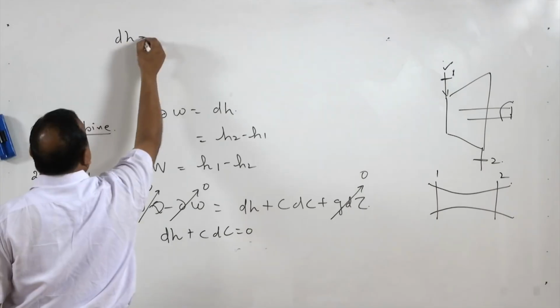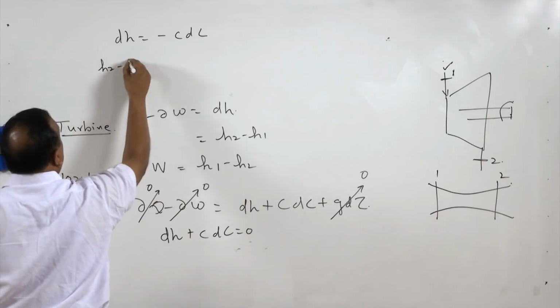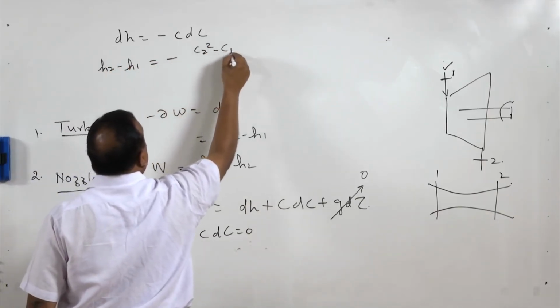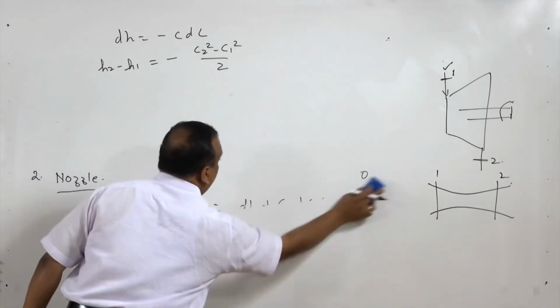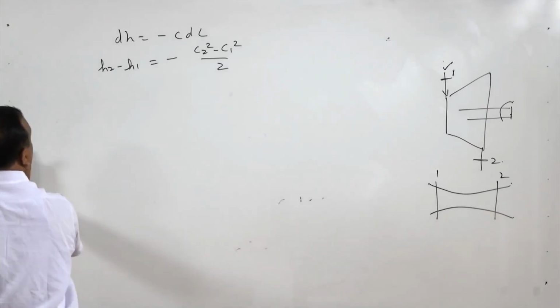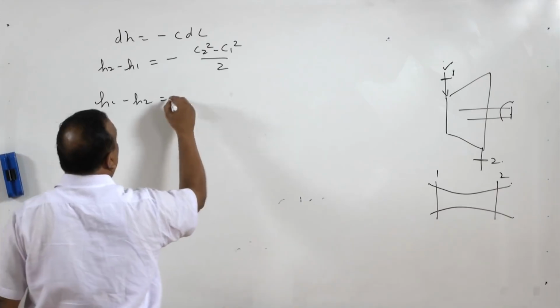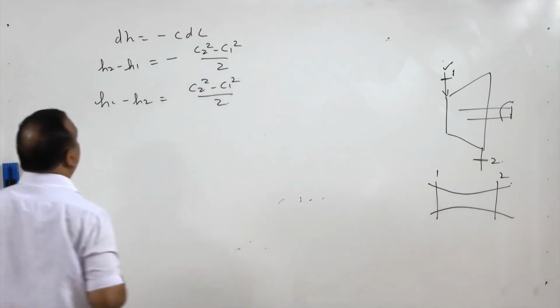So, dH is equal to minus CdC, or H2 minus H1 is equal to minus (C2 square minus C1 square) by 2, or we can write that H1 minus H2 is equal to (C2 square minus C1 square) by 2.